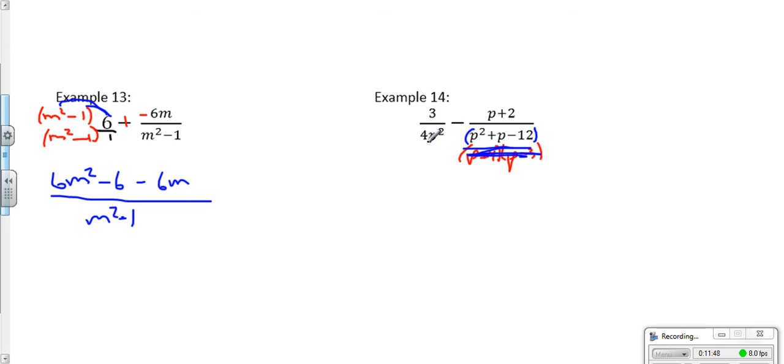So now the first fraction will need to be multiplied by the whole trinomial. But instead of me writing it all out here, I'm going to just write out the first one. So we have p squared plus p minus 12. Again, that's written down here too, but I just didn't write it out.